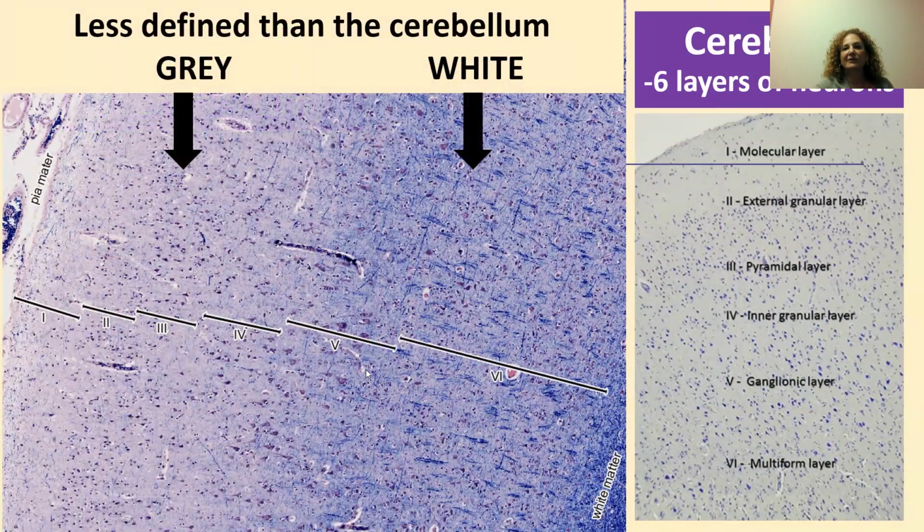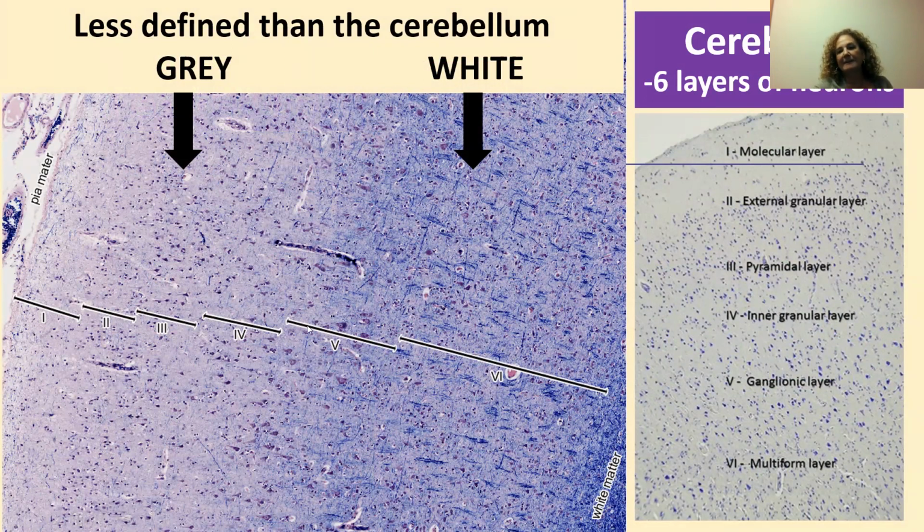Okay, now we're going to move into the cerebrum. The cerebrum also is divided into layers, but unlike the cerebellum, where you can see the layers almost clearly, this has 6 layers, not 3 layers, and it's very difficult to put a line and designate where each layer begins and ends.